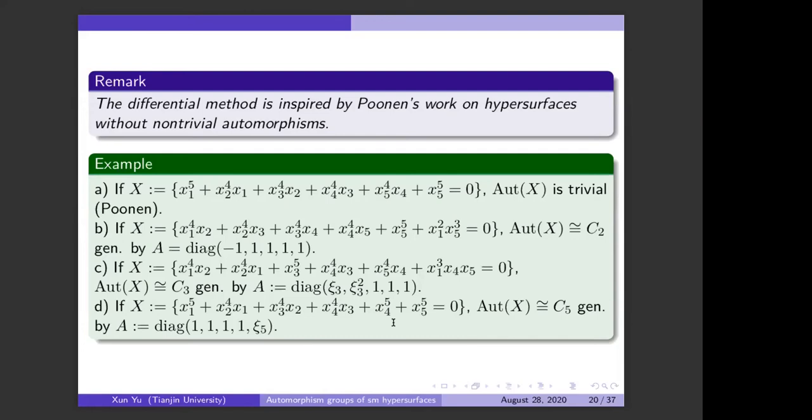Then you want to control the full automorphism group, so we use the differential method, and then we essentially control all possible groups containing this big abelian group.